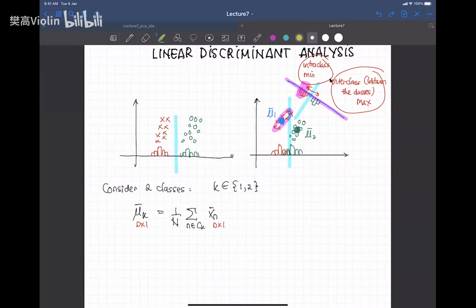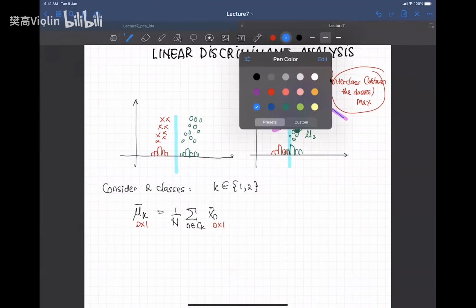Let's use blue here. The projection of the red mean is a point on the blue line, and let's call that blue dot M1.